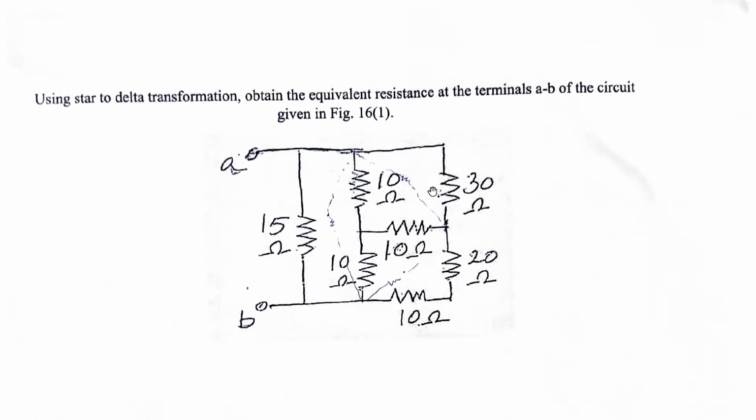Okay, if you simply solve with this 30 and 10 are in parallel like that, then the whole problem goes wrong. If this part is not there, then you can solve like this. Say for example, if this part is not there, and this point is connected like this, this point is connected like this, then you can solve with your series parallel method and reduce the circuit.